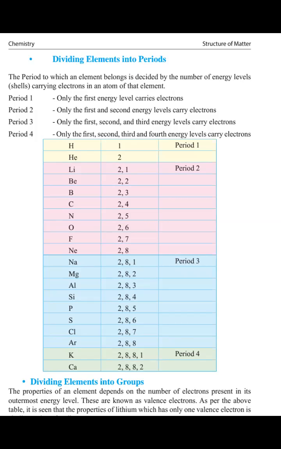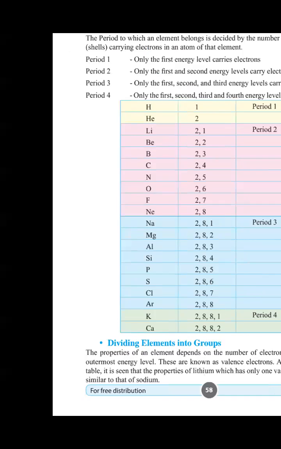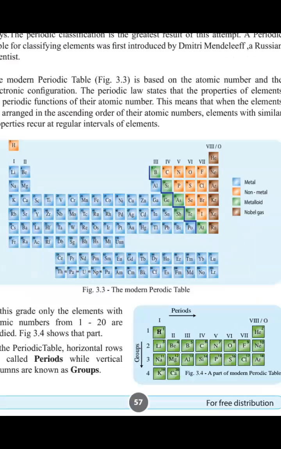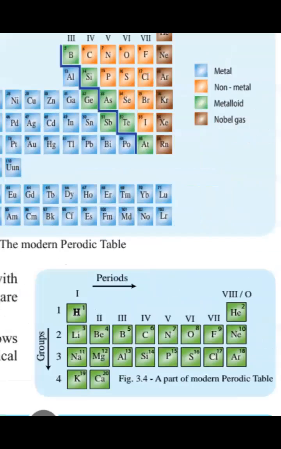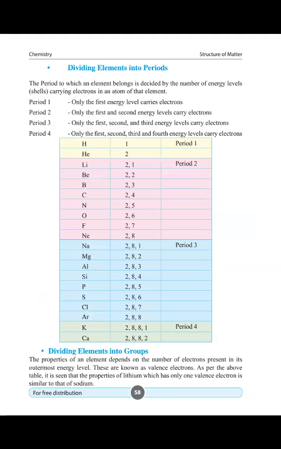Period 3, or the third row, you can see the third row here, sodium to argon. There should be 3 energy levels. Period 4, there should be 4 energy levels.